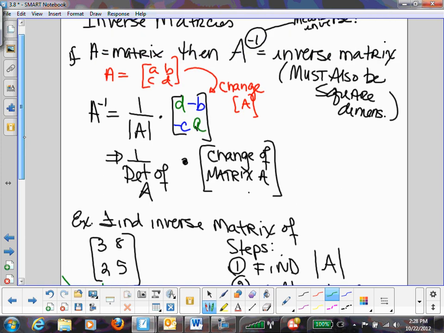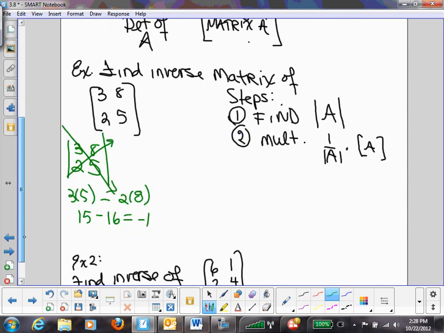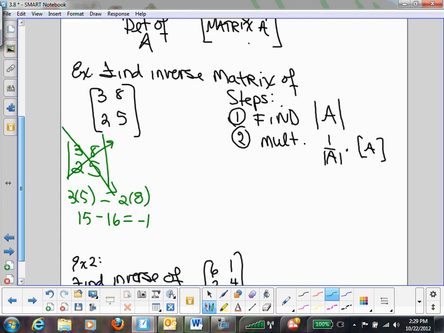One over the determinant. We're trying to find our inverse matrix. Okay, order is important. So now we have to change our matrix.